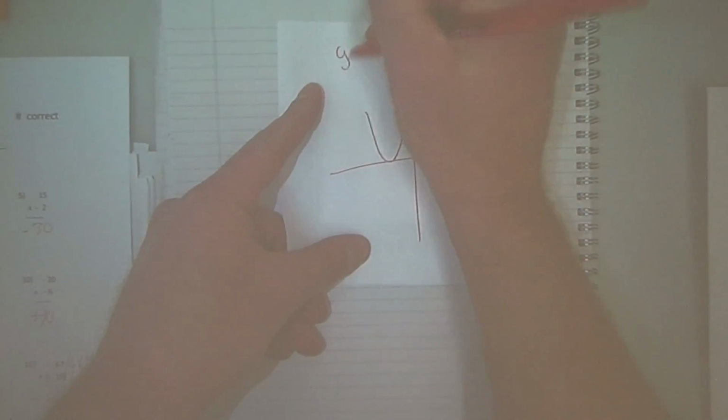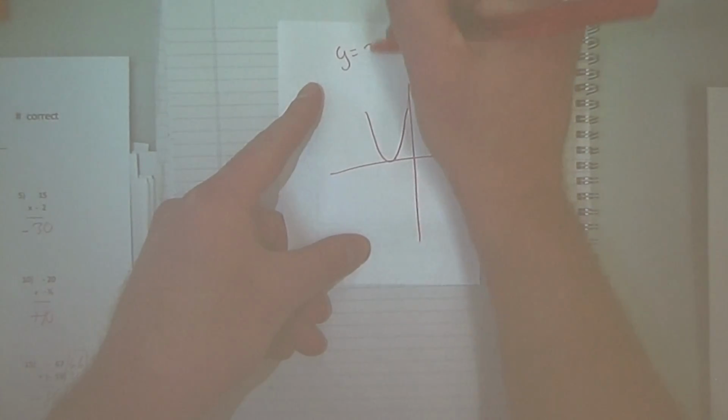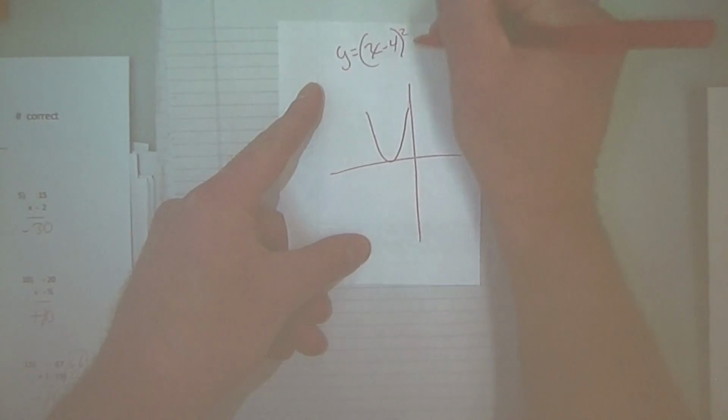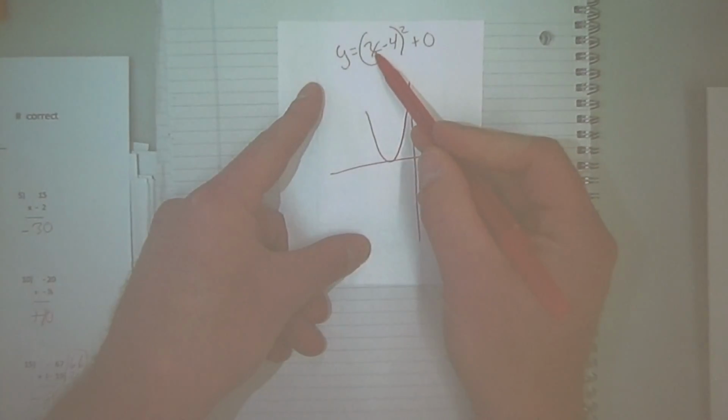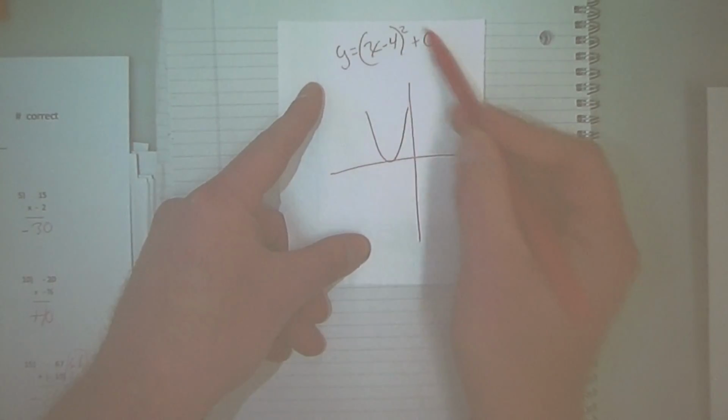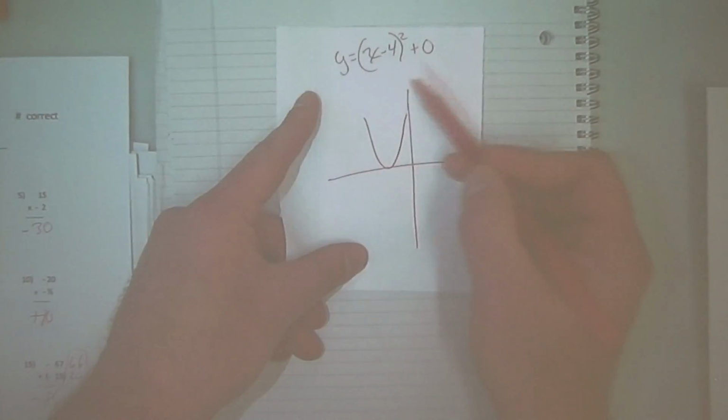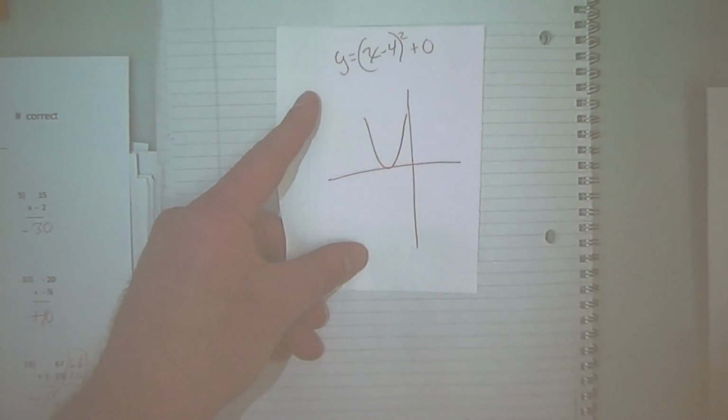If I give you y equals x minus 4 squared plus 0, I can plug in a number in here and I have to do my arithmetic correctly. And that's why we're going back to basics for these signed numbers.